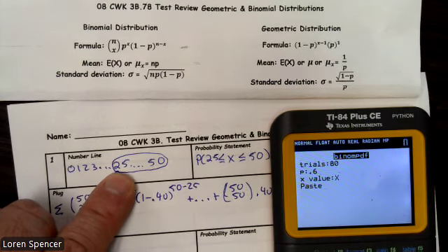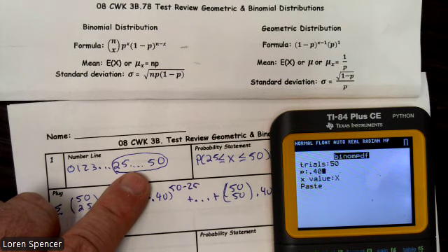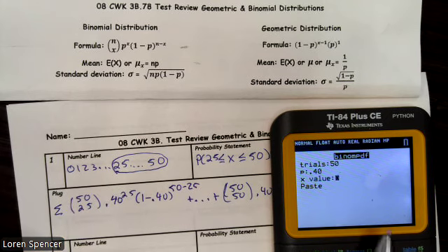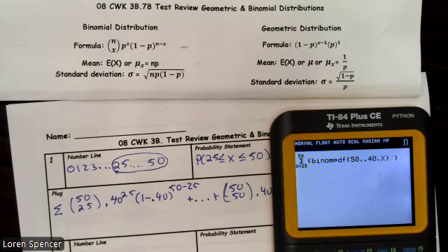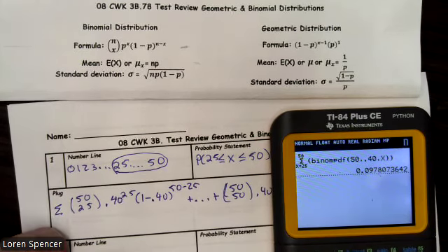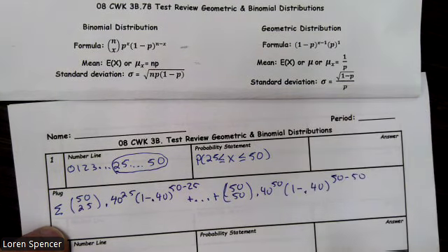Trials in this case were 50. Our probability is 0.40. And because this is a summation, we're going to have to use an X for our counter. And our answer is 0.0978.